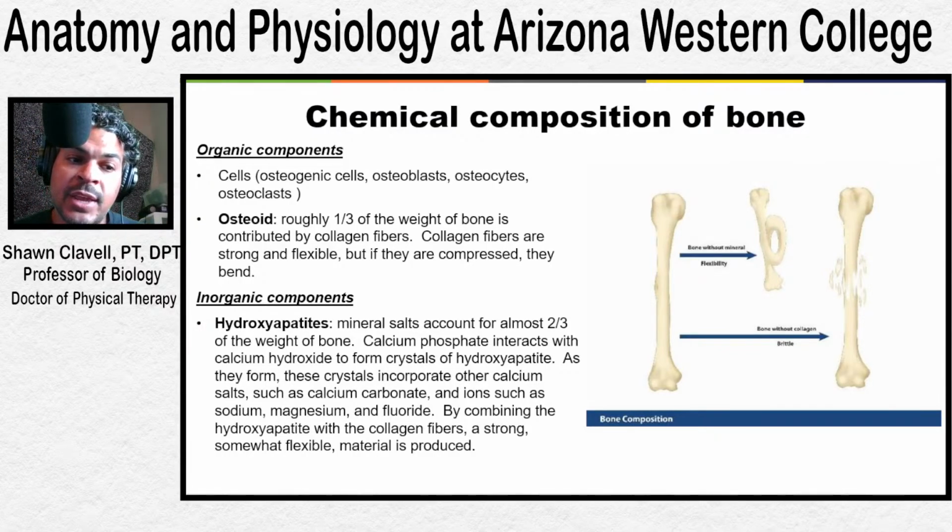I'll give you the hint here: the collagen fibers are the organic protein fibers. They provide for the flexibility of bone, whereas the inorganic components, also referred to as hydroxyapatite, are the calcium salts that provide the bone its hardness and brittleness.